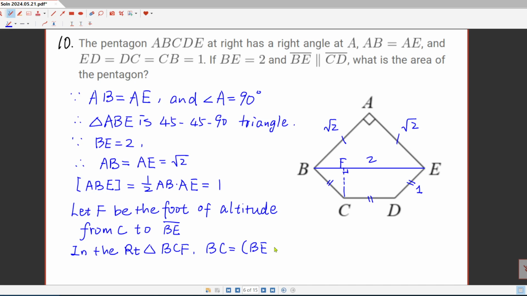We have BC equals, well, BE minus CD, right? Then over 2, which is 1 over 2.